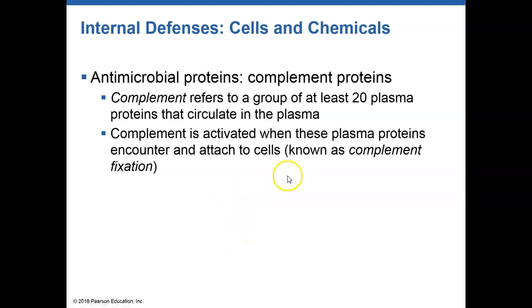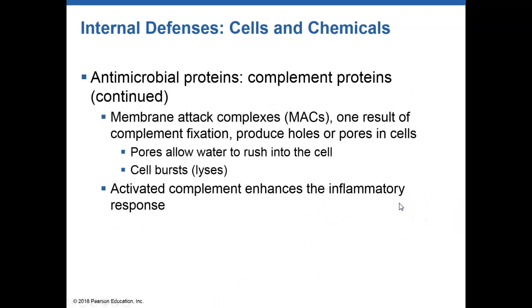So the term complement refers to a group of proteins. There's about 20 of them that are inactive, and they just circulate in our blood plasma. When they become activated, then they cause a cascade effect that leads to a series of different outcomes that will protect our body.